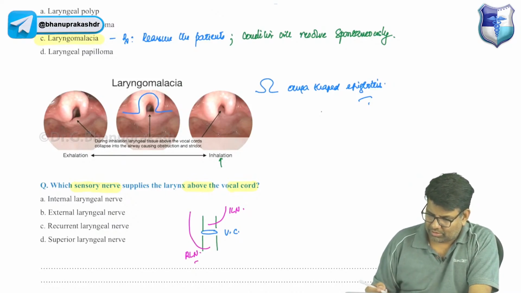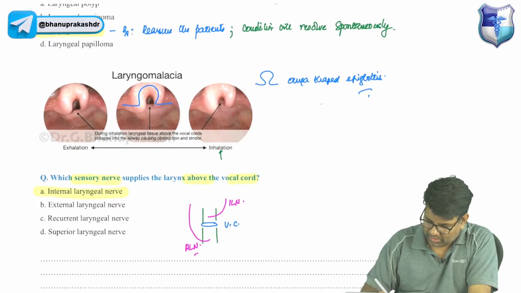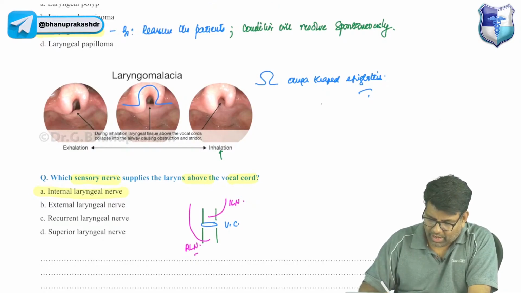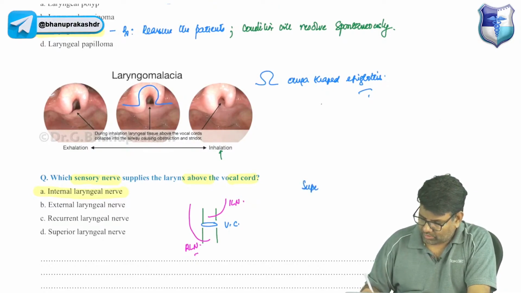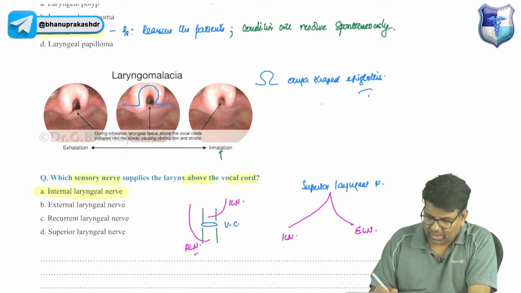Yes, Nilesh, you are right. So the answer is internal laryngeal nerve. Now, there is one more. There is the superior laryngeal nerve. It divides into two branches, internal laryngeal nerve and another is external laryngeal nerve.